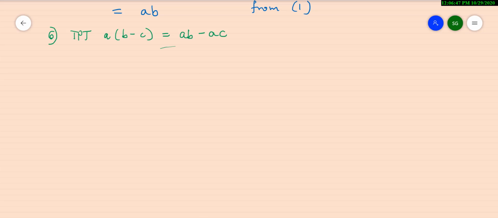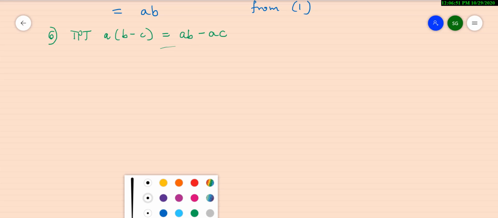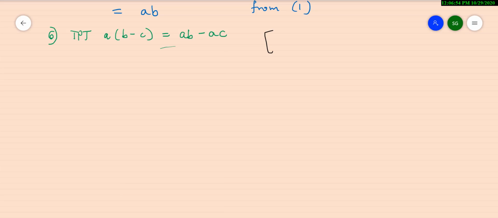how do you understand x minus y? This is subtraction of two real numbers, but as I have already told you, we have only two operations in R. One is addition and the other is multiplication. So how do you look at subtraction in terms of addition? So it is x plus additive inverse of y.